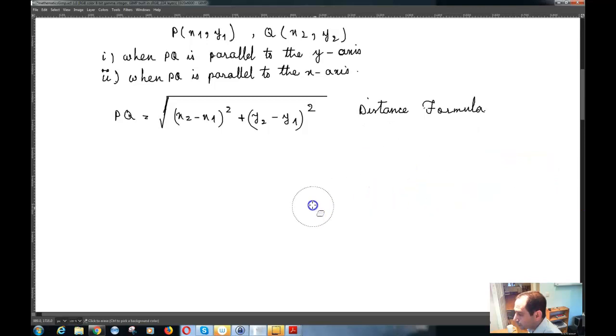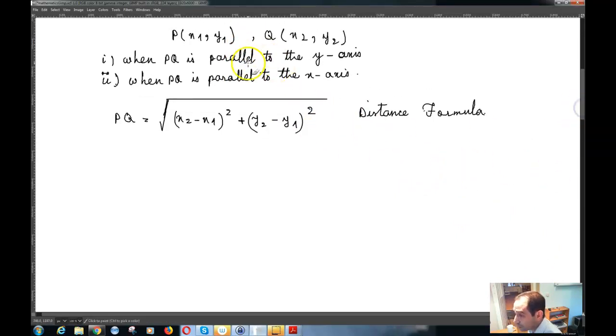Now there are these two special cases. Of course there could be many other special cases to this formula, and this is the general form of this formula.